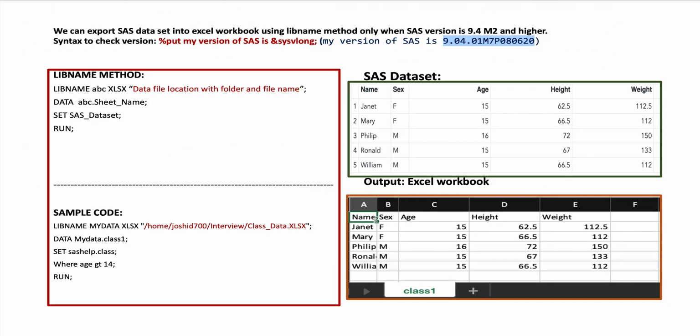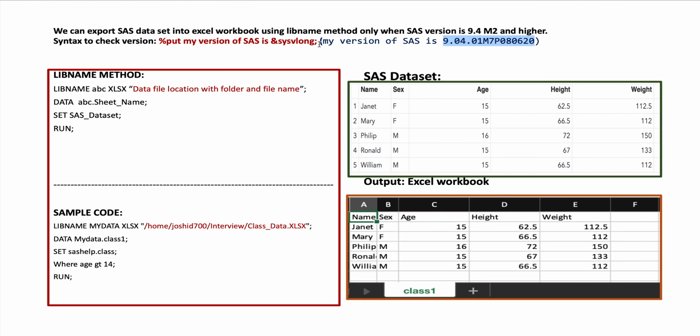We can export a SAS dataset into an Excel workbook using the libname method only when the SAS version is 9.4 M2 and higher. Here is a simple syntax used to check the SAS version: %put My version of SAS is &sysvlong.